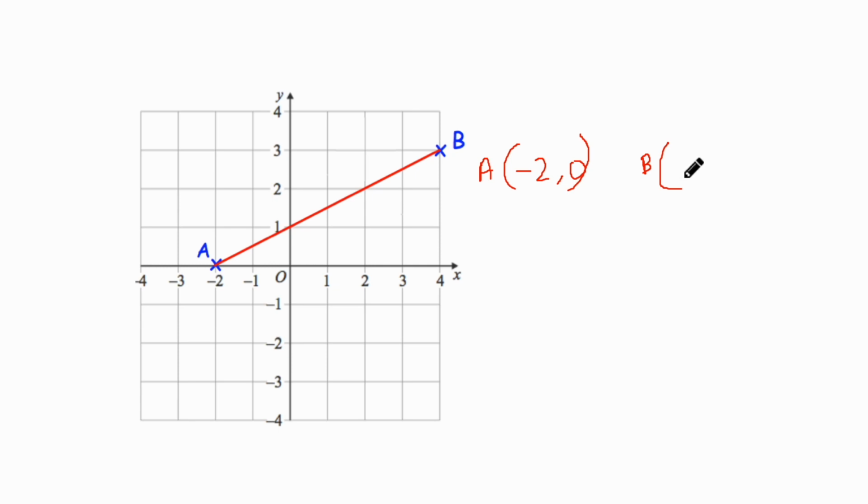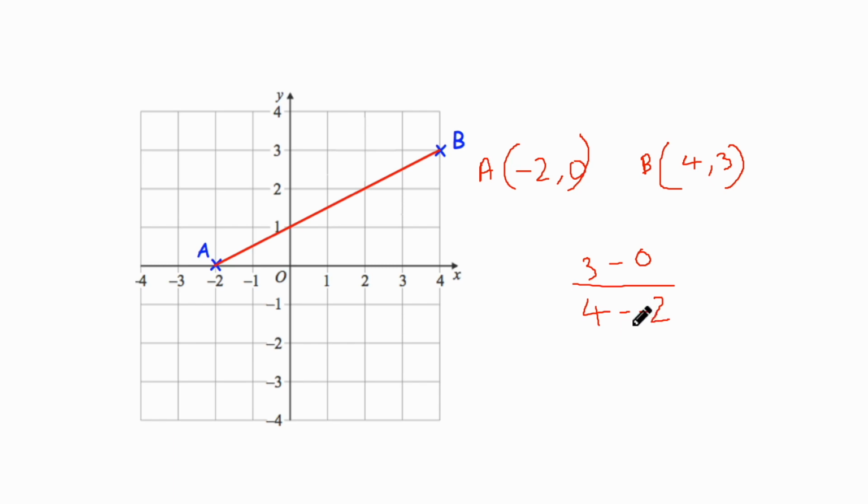So let's write 4 for the x-axis and 3 for the y-axis. So now to find the gradient, we do the change in y divided by change in x. So change in y is 3 minus 0, divided by the change in x, which is 4 minus minus 2.